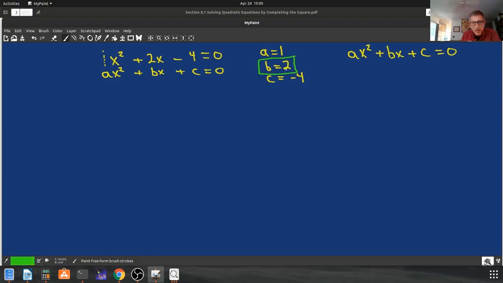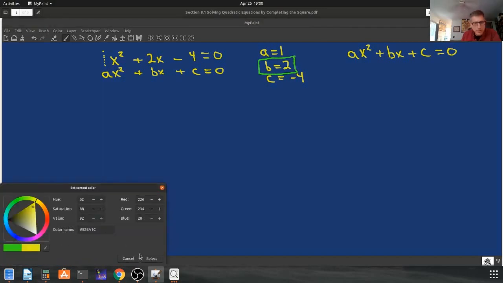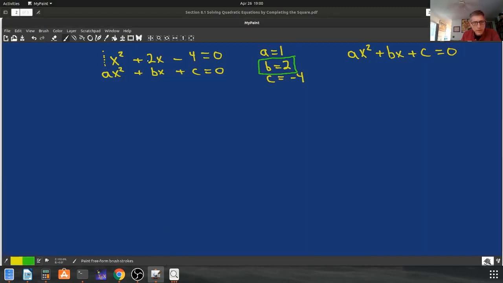the b value. So what we do is I take my original, x squared plus 2x minus 4, and I concentrate on the x squared plus 2x part, just like what we saw in that square representation I just showed you.